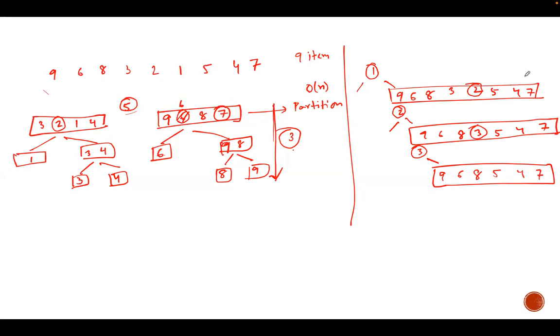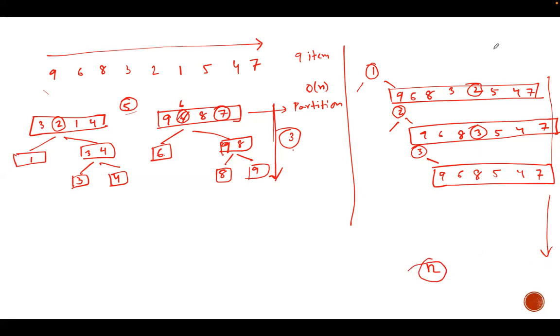If we consider that as a tree, the height of the tree is going to be 8. That means the total number of partitions is going to be the same as the size of the input.